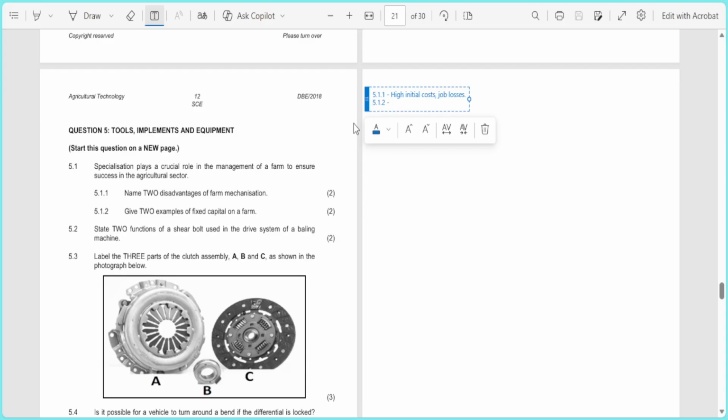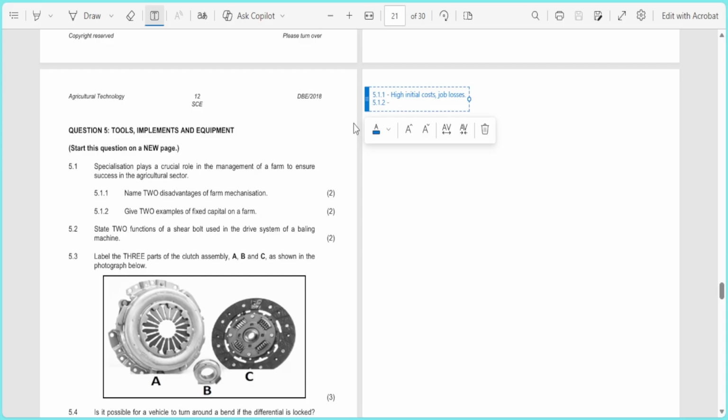So know your definitions. Fixed capital refers to assets that can't be easily moved or liquidated, right? So they are literally fixed on the farm. Stuff like land, buildings, boreholes, kraals, pumps, the list goes on and on.